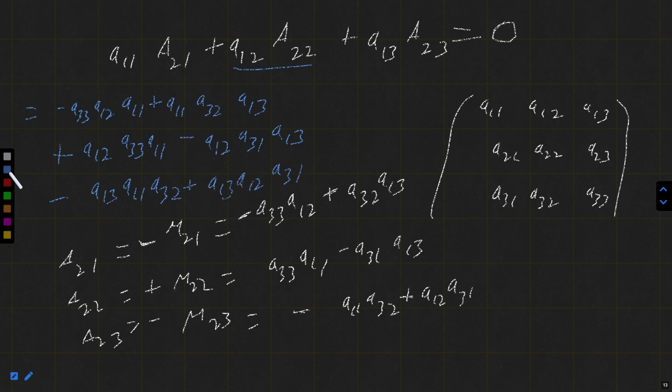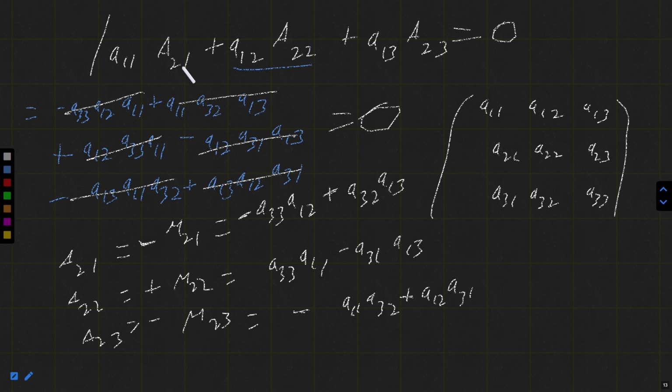Now try to observe. The A11 A33 A12 terms cancel. Okay, clear? Now the A11 A32 A13 terms, as you can see, cancel. The A12 A33 A11 terms cancel, as you can see, the sum is 0.